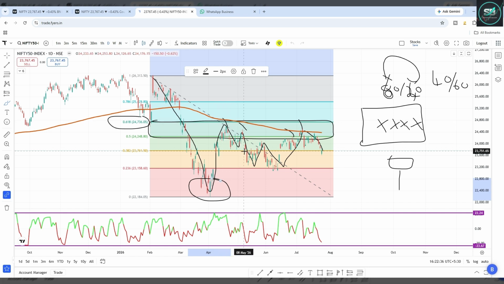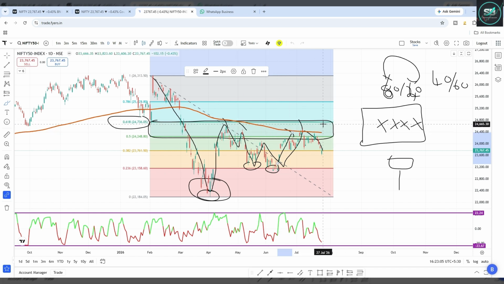Generally, if the market has to fall, if it takes rejection from this 0.5 to 0.618 zone and has to give a further fall downside, it will break this low. But this low is not broken, this low is still safe. The market is just giving a pullback, taking support, and again going back and tapping this zone multiple times.